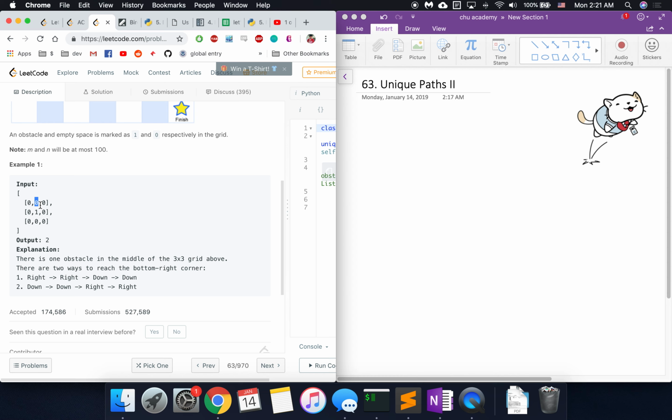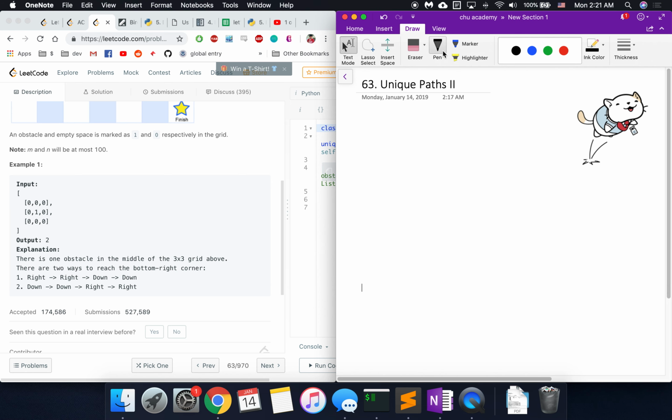The only way you can get here is through 0, 0, because you can only go right or down. So all of the squares on the top row can only be reached through one path, and all of the squares in the leftmost column can also only be reached through one path, because there's no way you can go left and no way you can go up, at least in the premise of this problem.